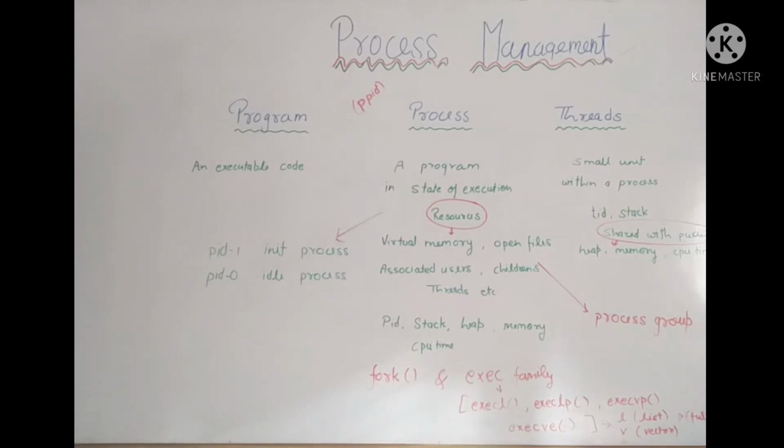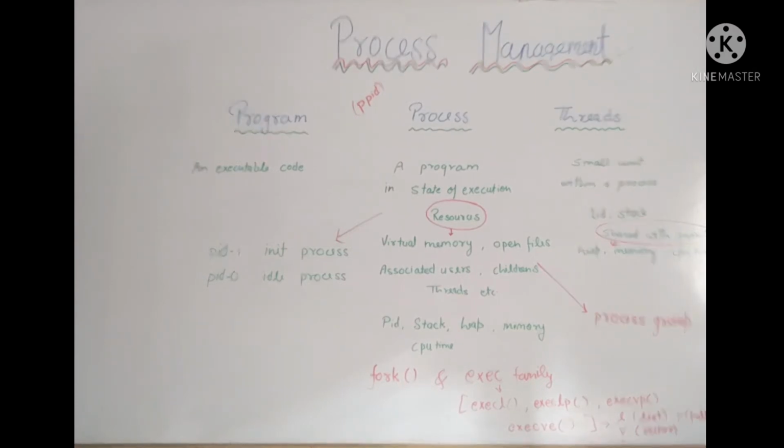Now a process has associated resources. There could be virtual memory, open files, associated users and user groups. A process can create children, and it can even create threads. So it has a lot of resources associated with it.